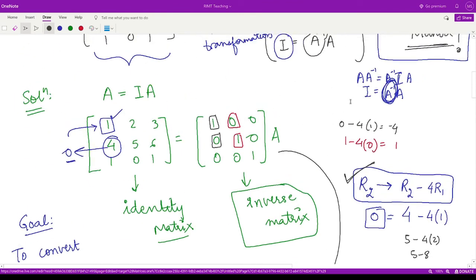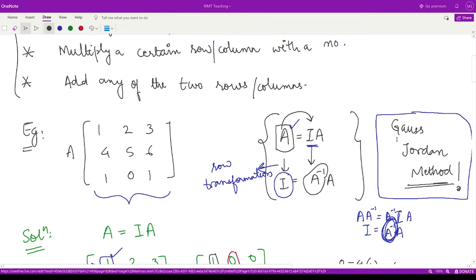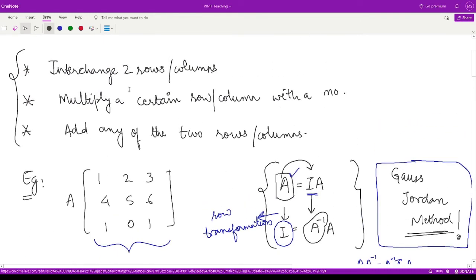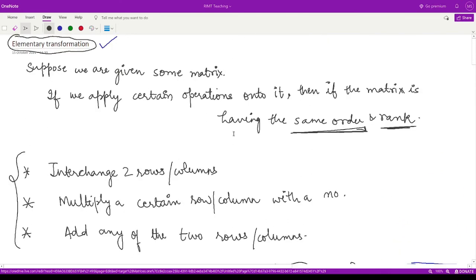And here we have also learned how this Gauss-Jordan method is performed using elementary transformations. So you see, only these transformations could be applied such that the resulting matrix would have the same order and same rank. So this is the crux of this video.